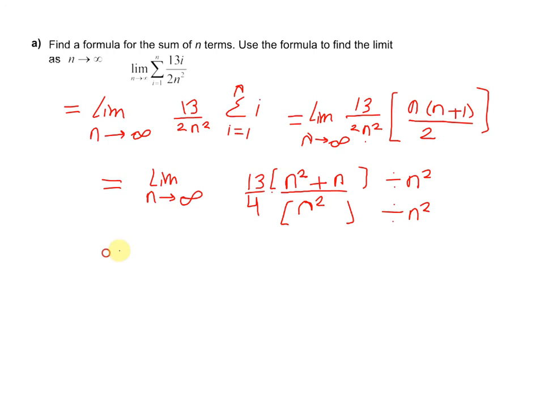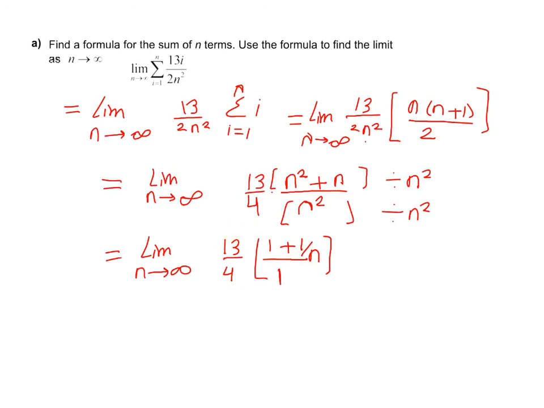So the result equals limit as n approaches infinity of 13 over 4, 1 plus dividing n by n squared gives us 1 over n, and down we have 1.